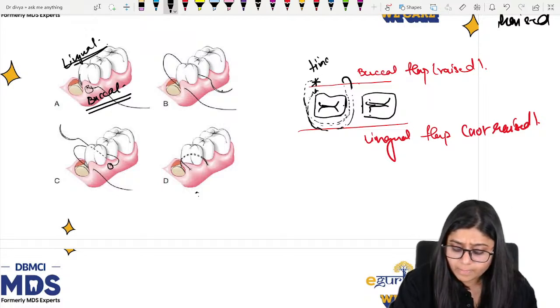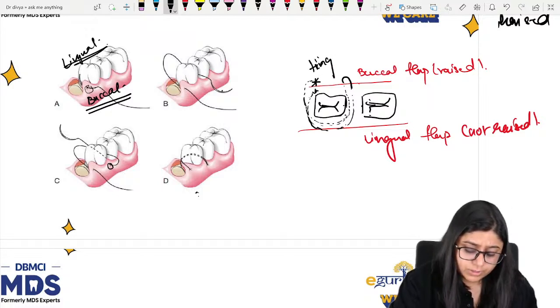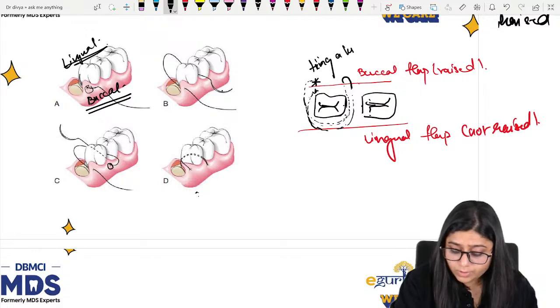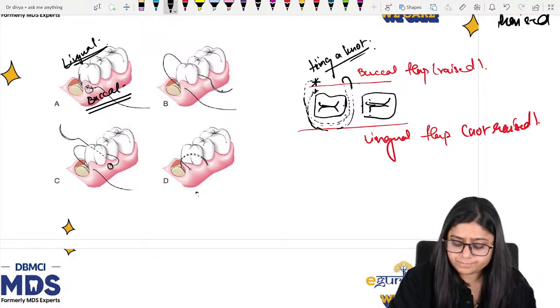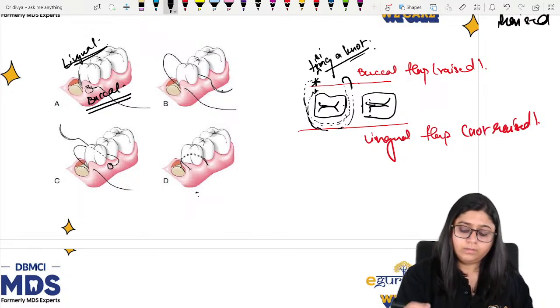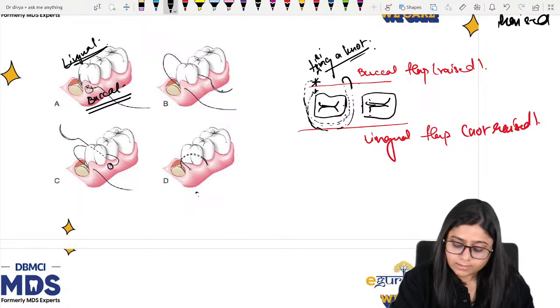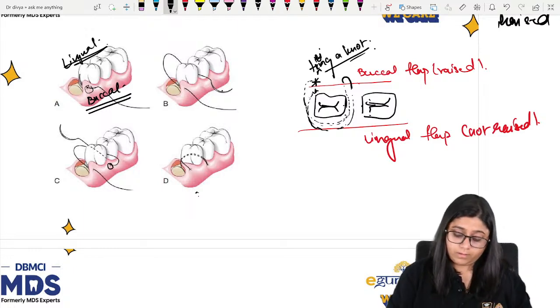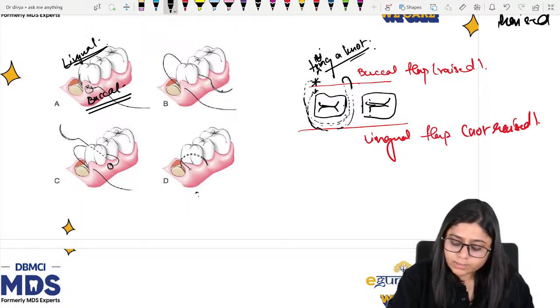Tying a knot here. Here we have tied a knot. So the tooth is here and is acting like an anchor, and the thread is like a sling.